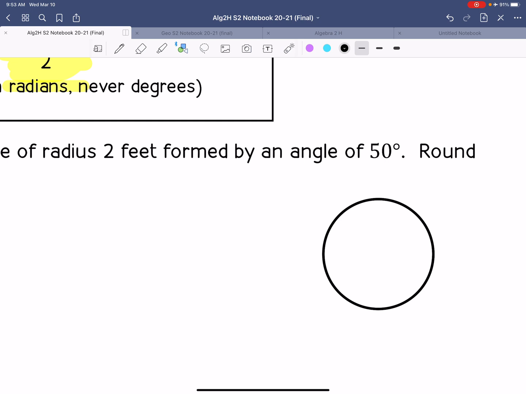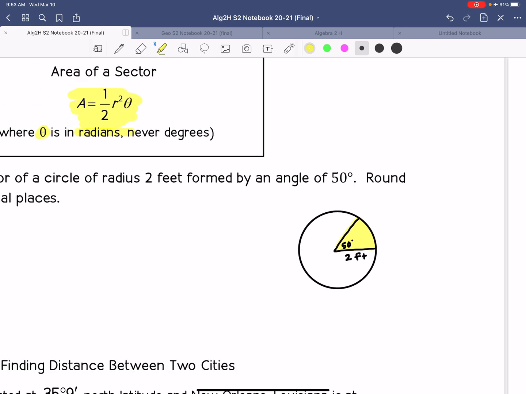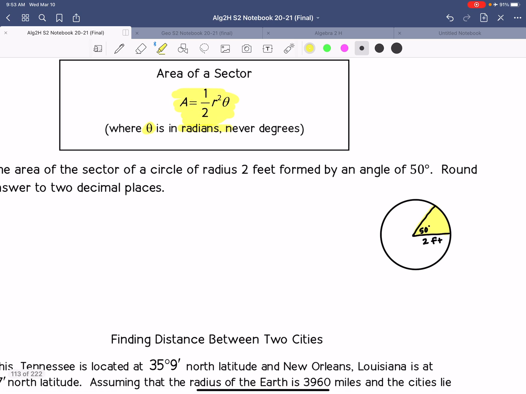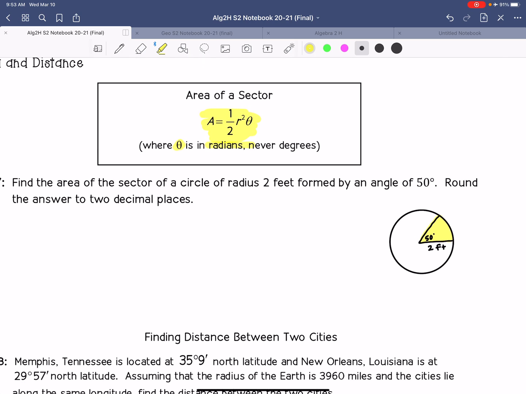Okay, so I have a circle. The radius of this circle is 2 feet. And the angle of this is 50 degrees. And we're trying to find the area of this sector. So I'm trying to find this area of this piece of the pie. So area is equal to 1/2 our radius squared times theta.